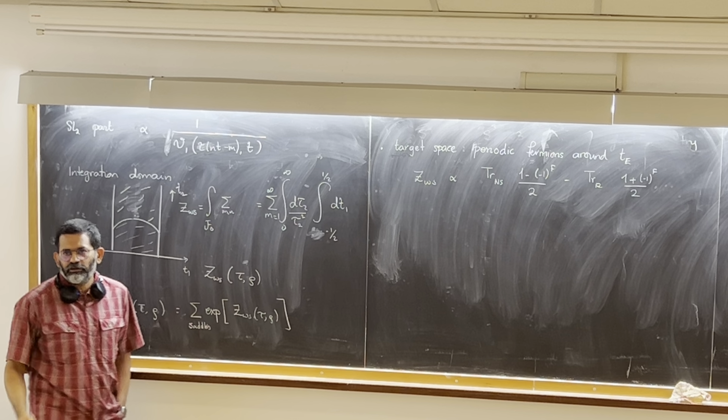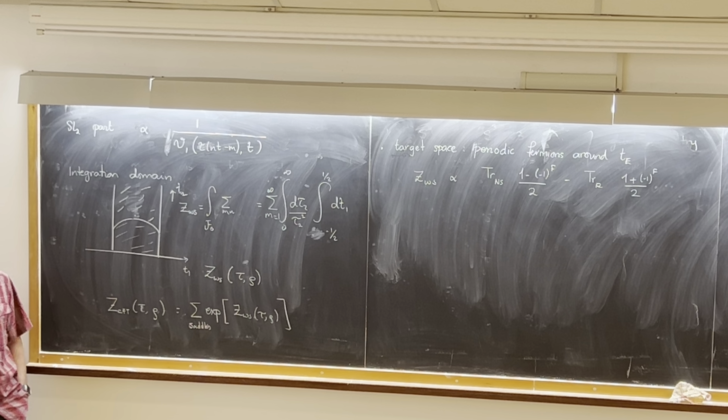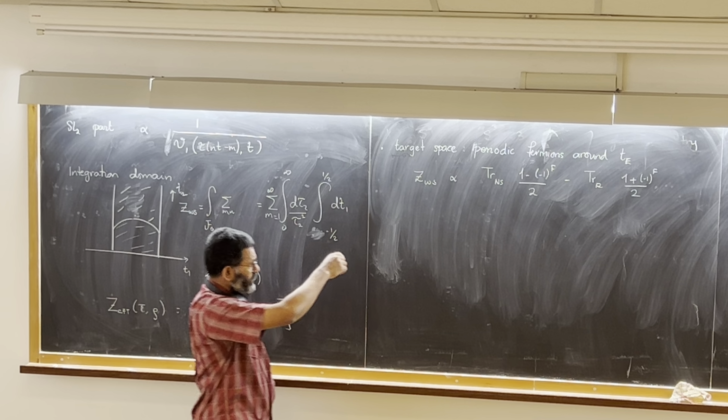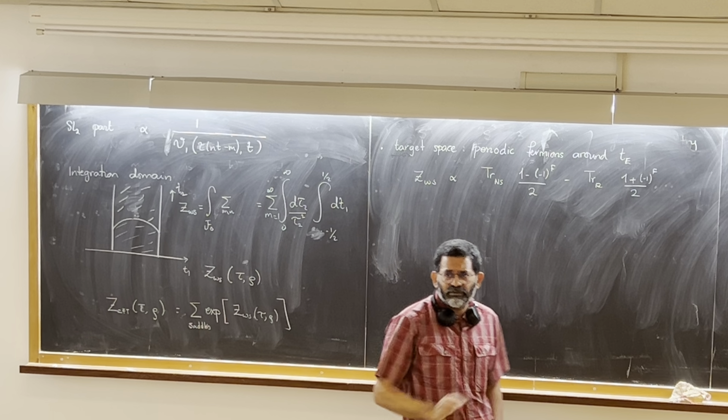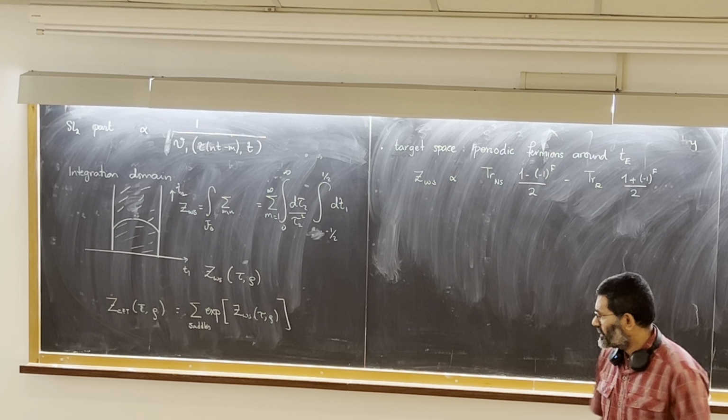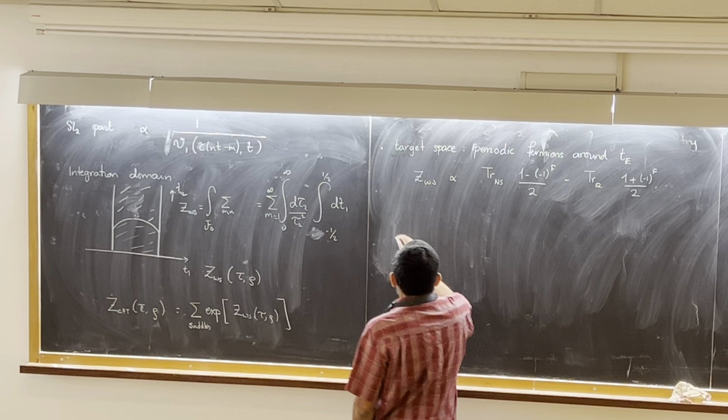That implements the GSO projection on one half of the string, and I will put that together with the same GSO projection on the other half. I'm talking about type 2B, so it's the same parallel GSO projection.